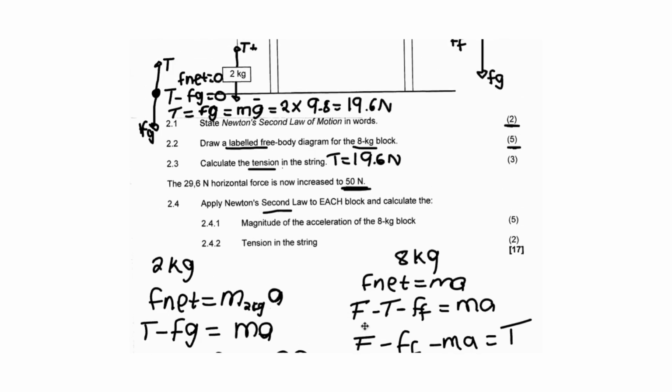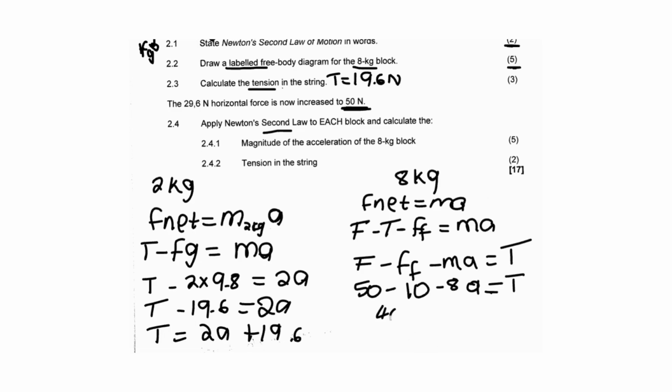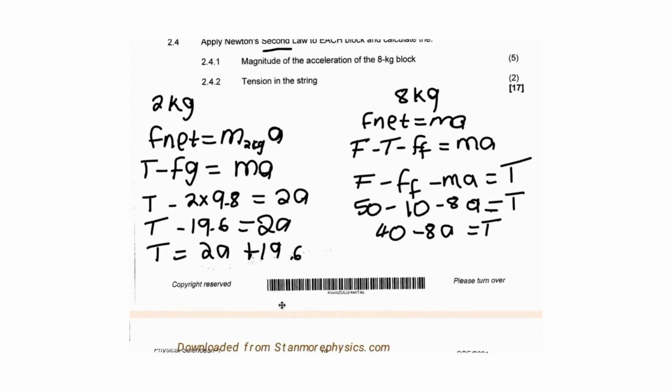Applied force is 50 newtons, and frictional force is 10 newtons. The mass is 8, so 8 times A, because we have an unknown acceleration, equals T. So 50 minus 10, that's 40, minus 8A equals T. So we are solving simultaneously: 2A plus 19.6 equals 40 minus 8A.